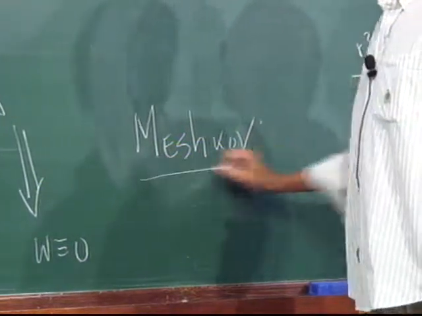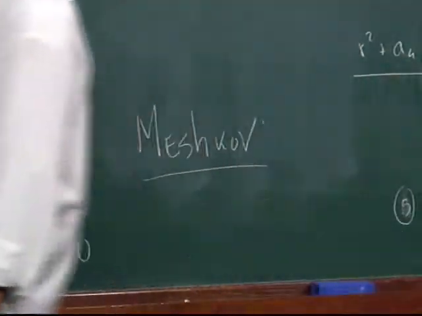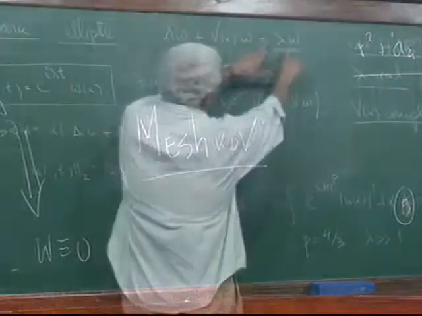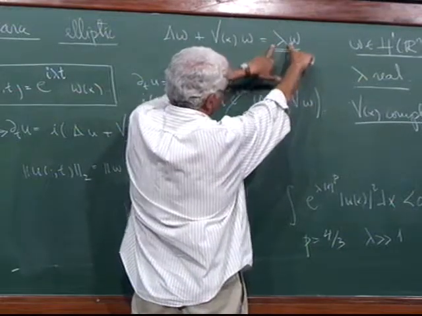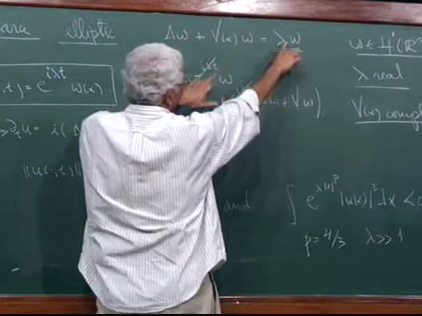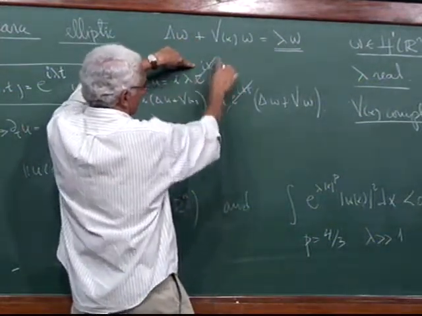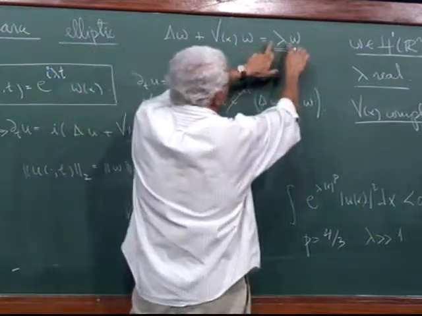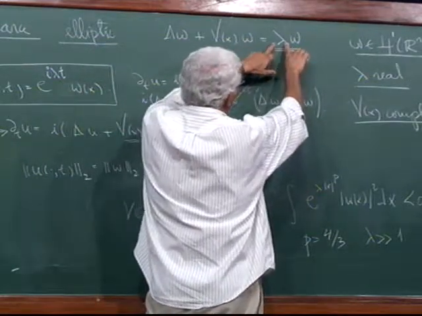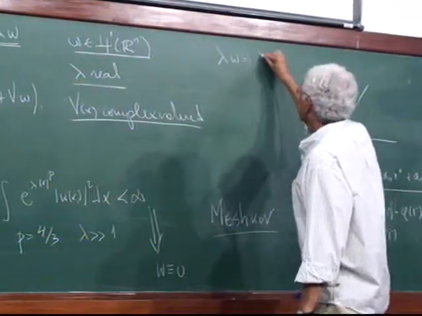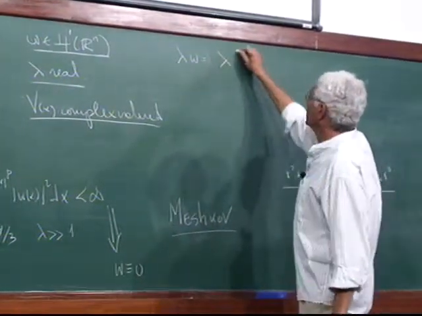Okay, you're going to complain that you have a lambda here, right? You can remove any condition over lambda except to be real. You need this lambda to be real to see that this absolute value is 1. The absolute value of this quantity is 1. How do you remove the lambda? Well, you write lambda W, lambda something that lives close to 0.